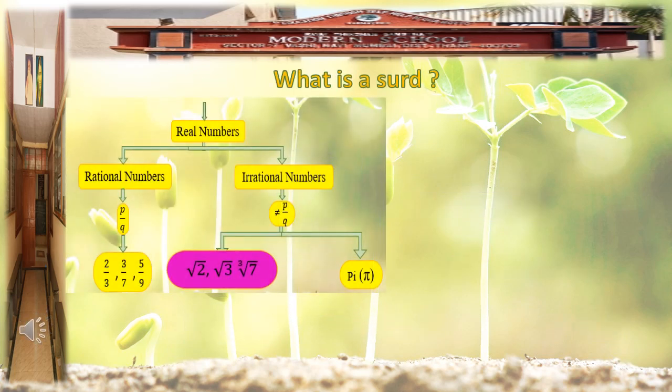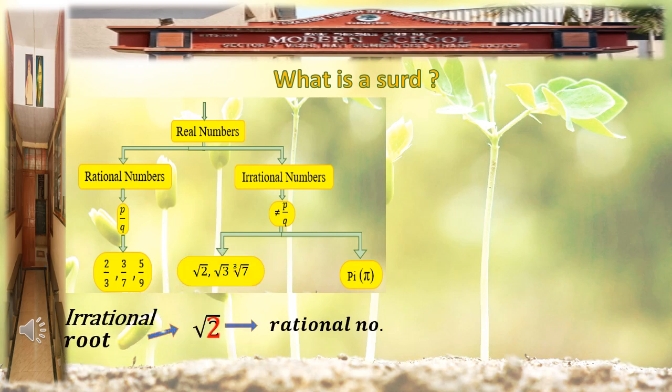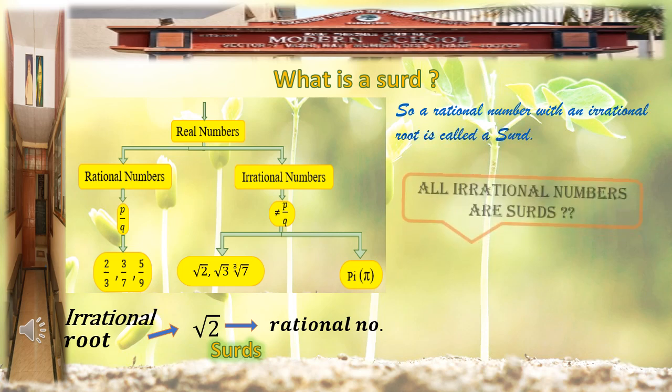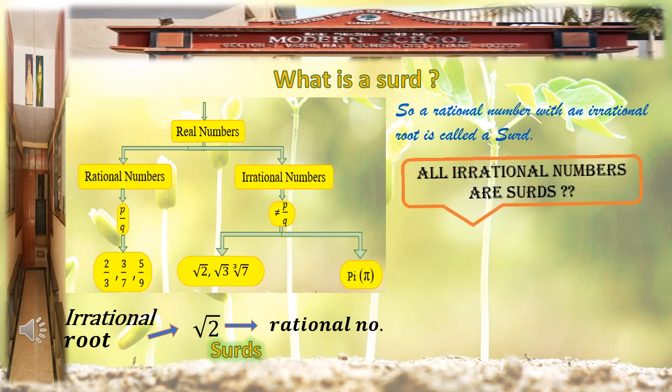This category of irrational numbers are called surds. For example, in root 2, 2 is a rational number and this is irrational root. So, a rational number with an irrational root is called a surd. So, all irrational numbers are surds? No. Let's understand why.